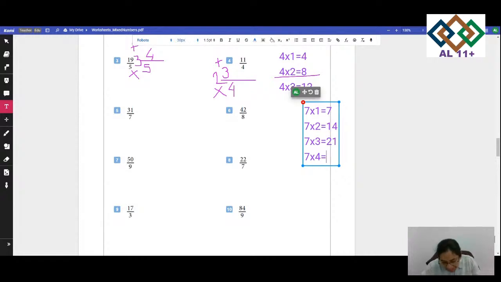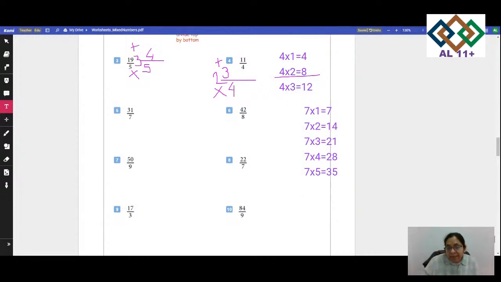You need to keep going till you get the closest to 31. 7 fours are 28. 7 fives are 35. If you look at this, 7 fives are 35, so it's getting more than 31. So we need smaller than 31, that's 28.